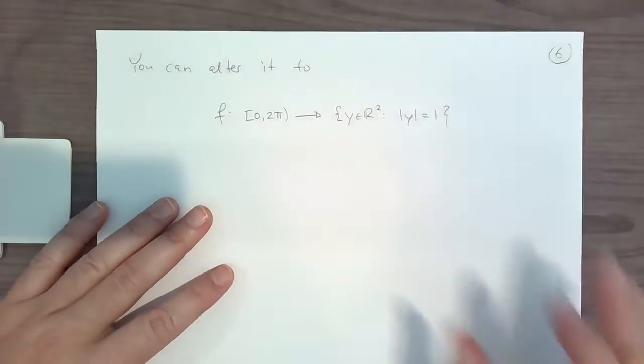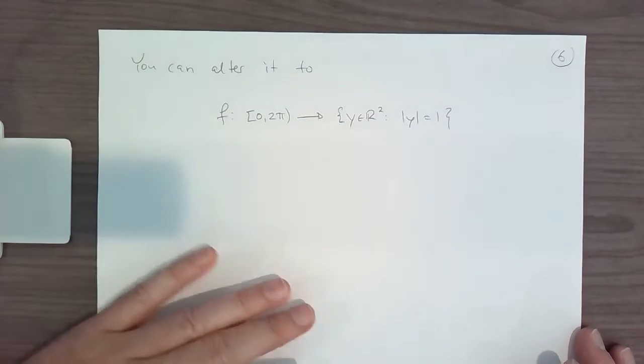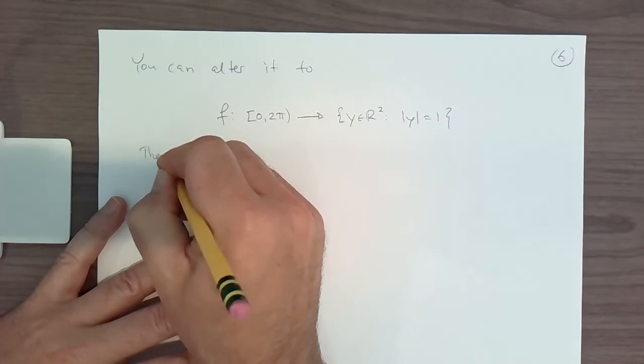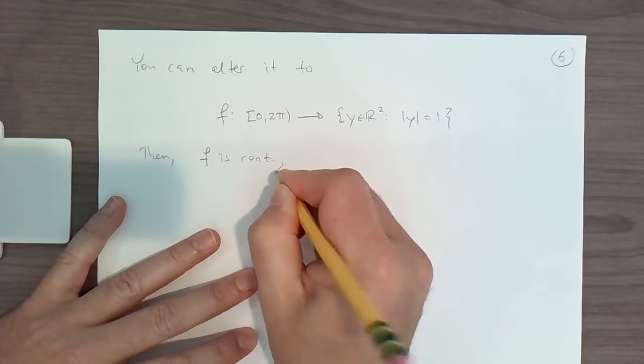If I alter it like this, then the function is still continuous.